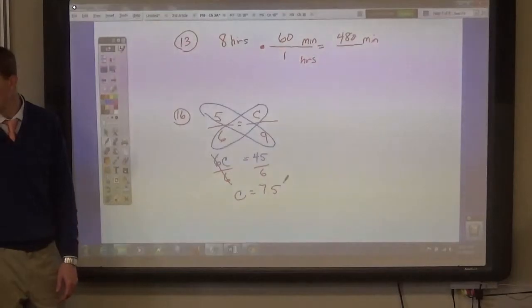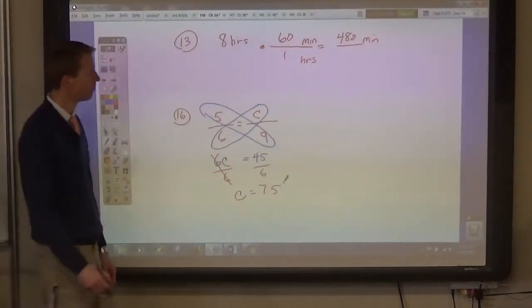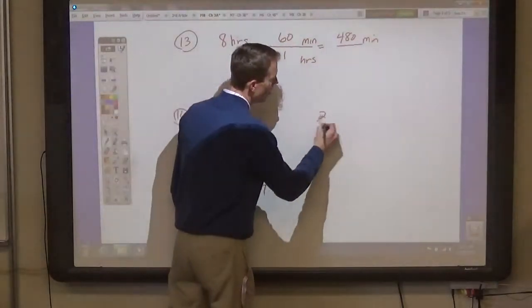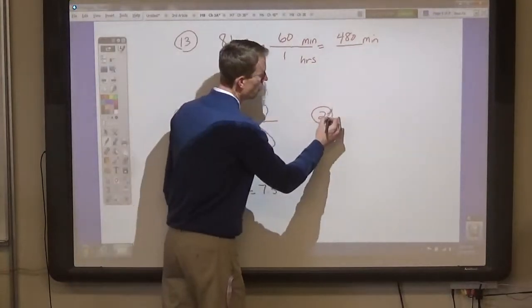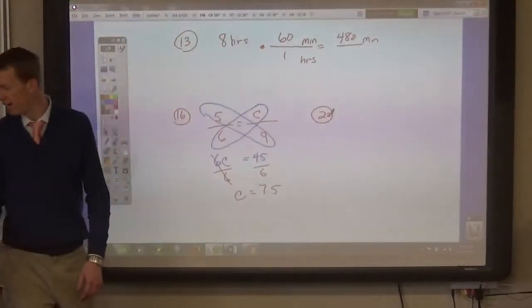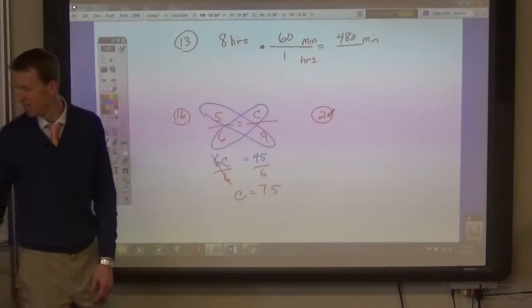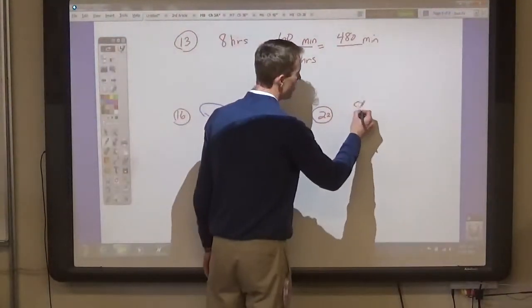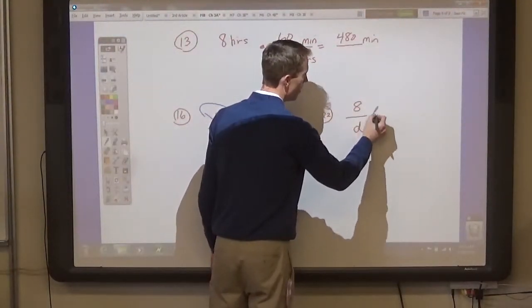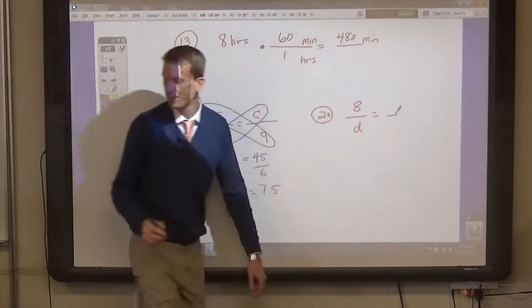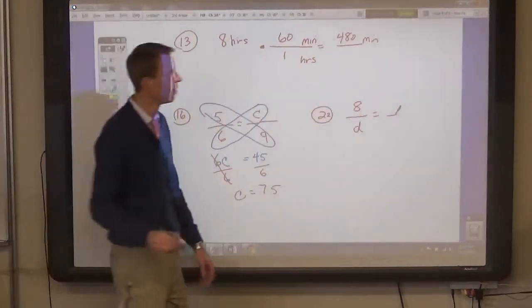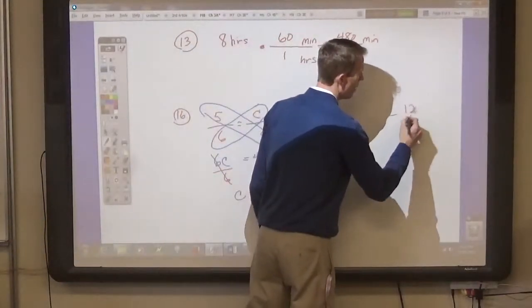What if you do one like 22, where one of the proportions is negative? So 8 is to D as negative 12 is to 30.